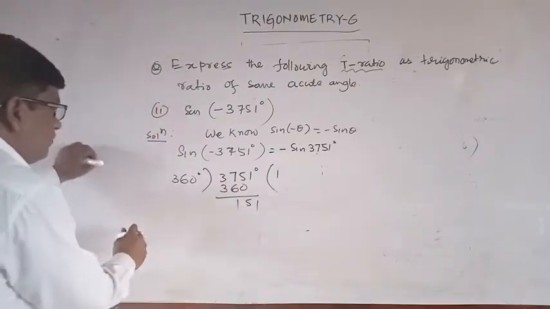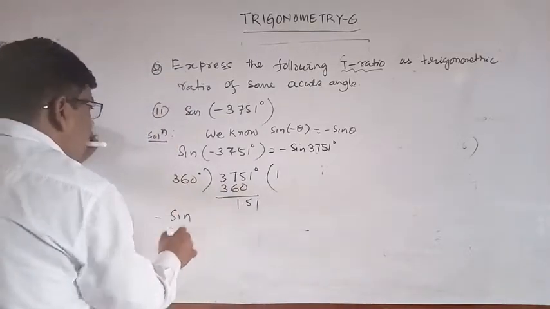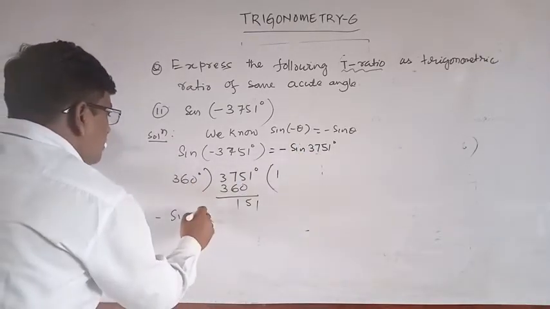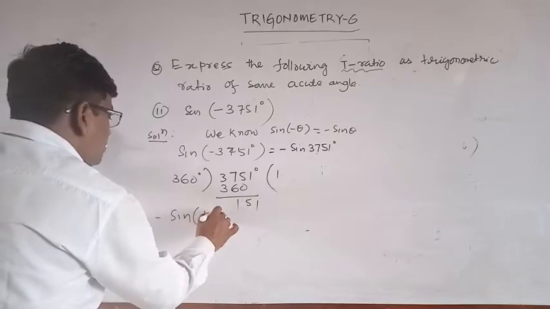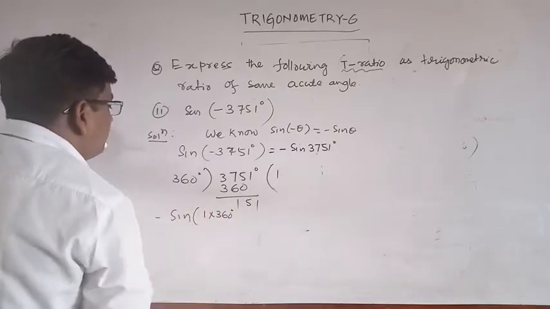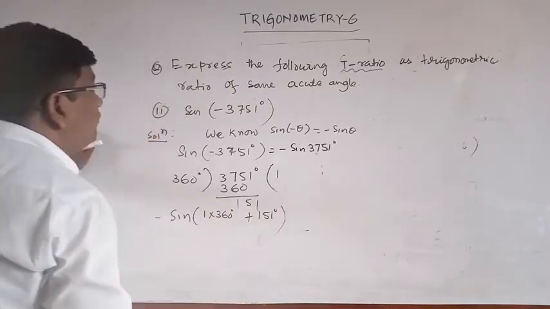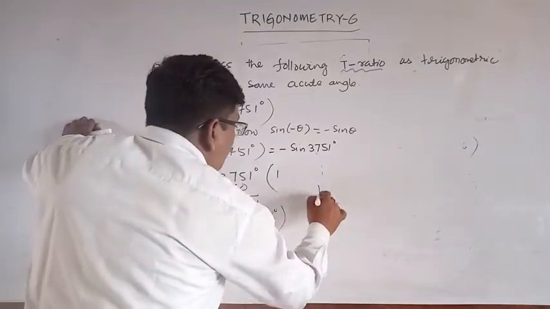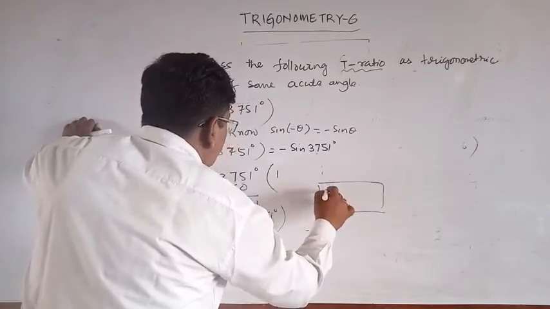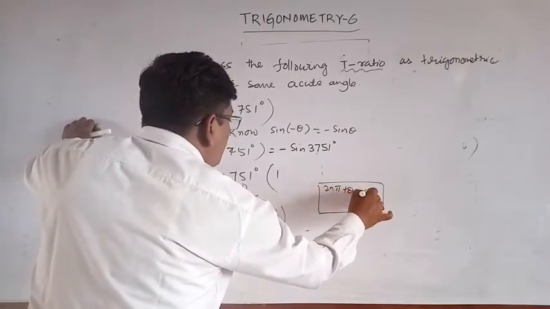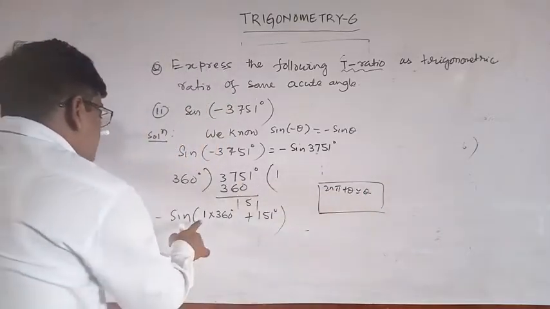Now minus sine of this can be written as 1 into 360 degree plus 151 degree. We know the formula: 2n pi plus theta is equal to theta.